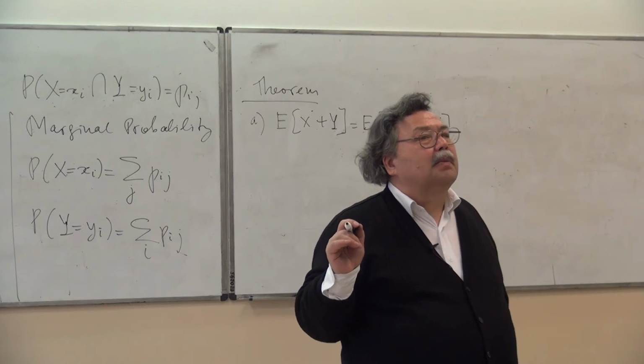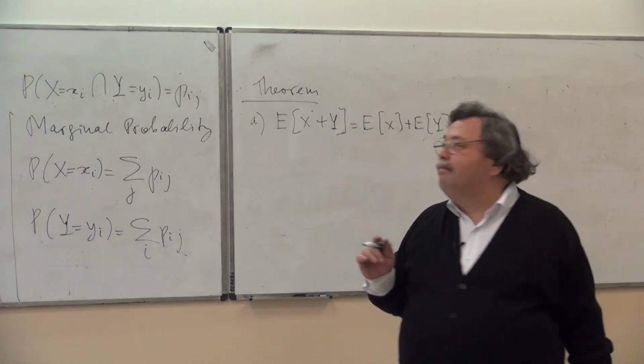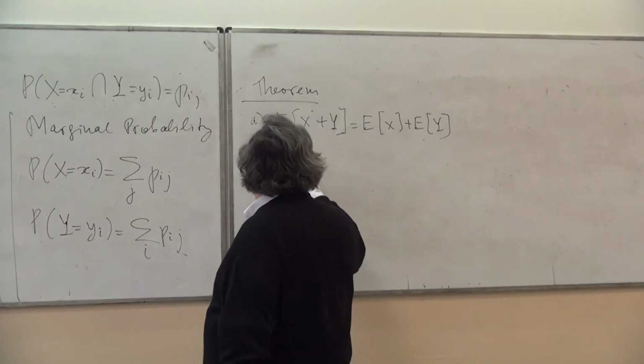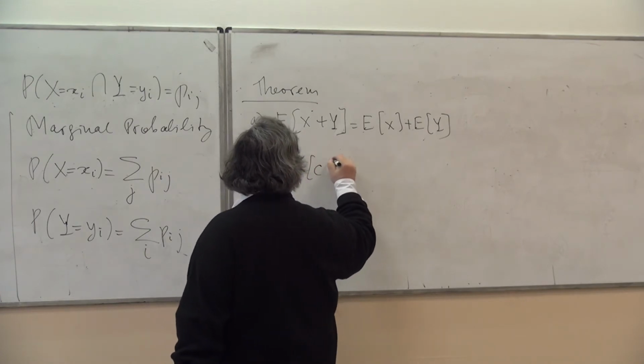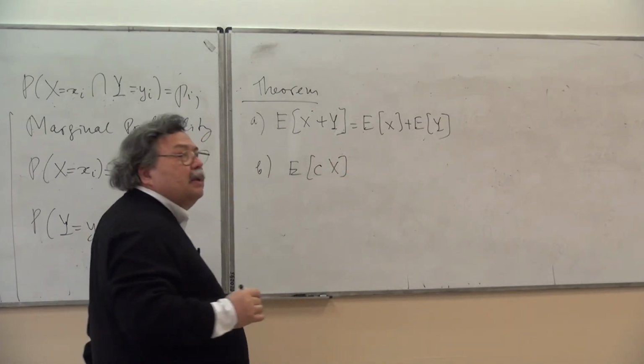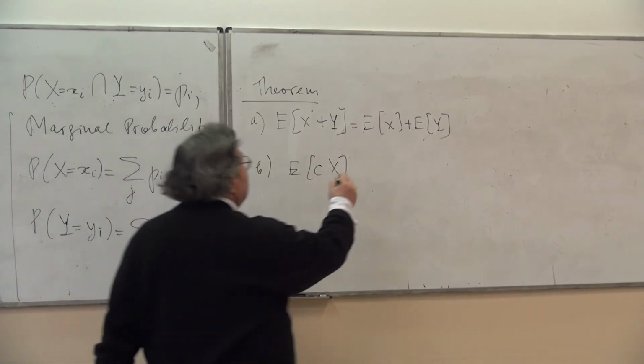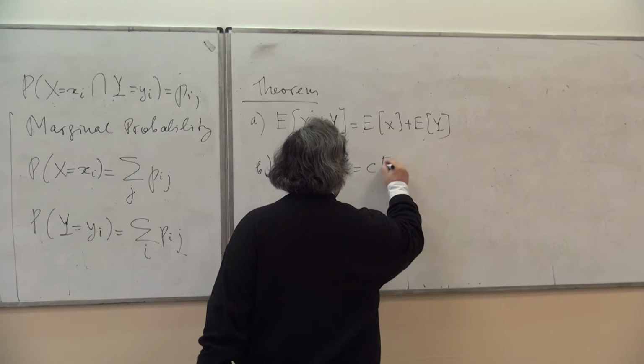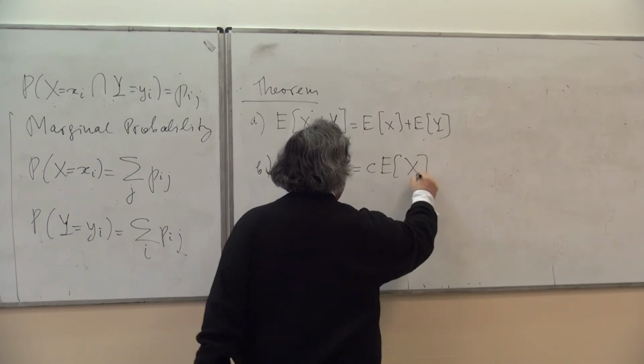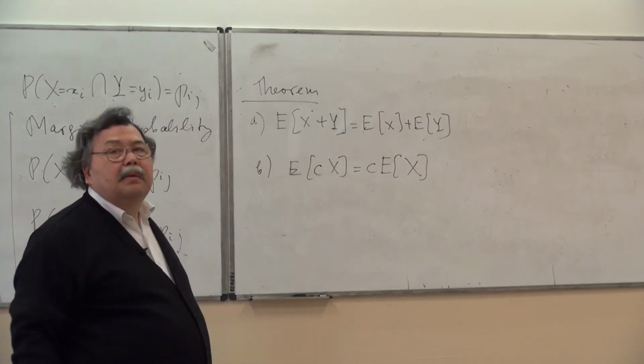So it's something unexpected and not at all trivial. And B here, if we consider the random variable that is given by x times a constant, then it's like this.